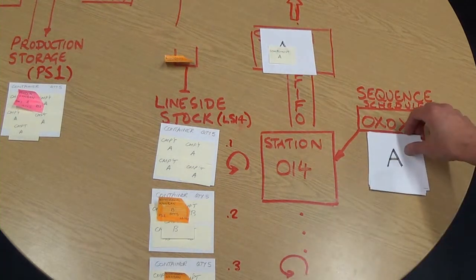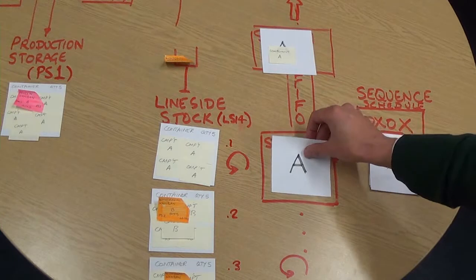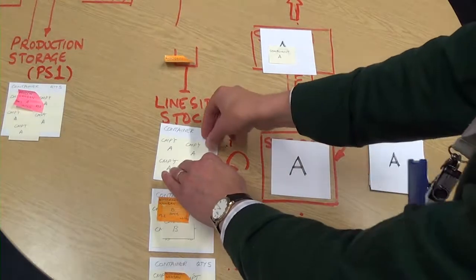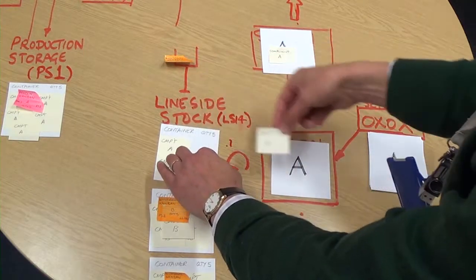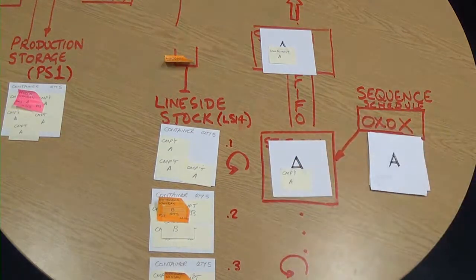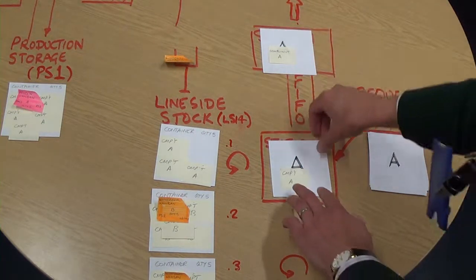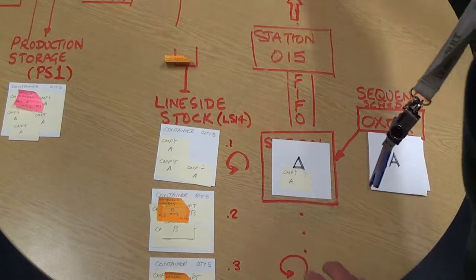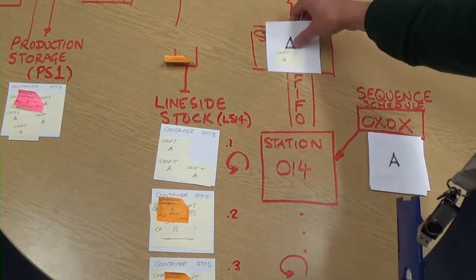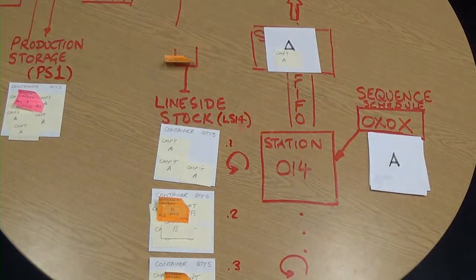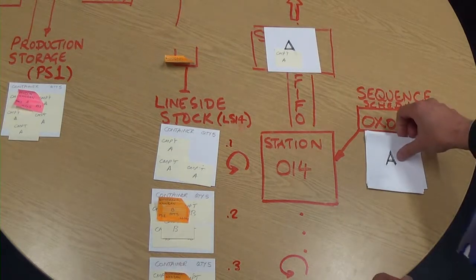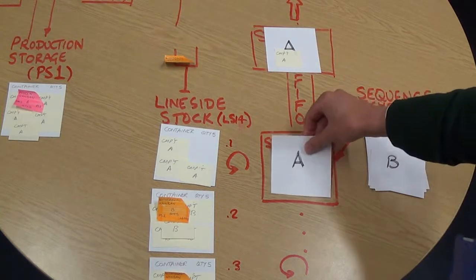We read the next item in the sequence schedule, it's another A. We take another A from the container, we consume that part, do our assembly work, and pass it on. I won't show them going to the customer after this first step, just to limit the amount of paper moves. And we take the next item from the sequence schedule.